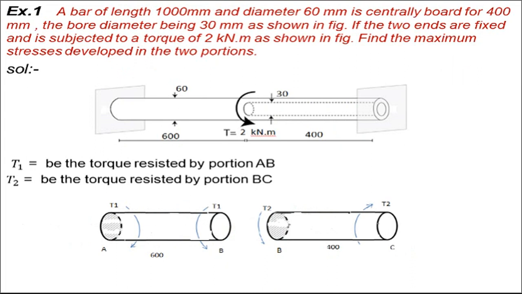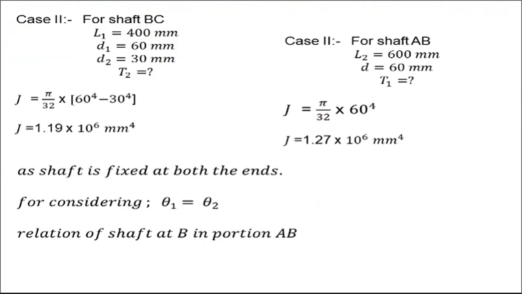Our job is finding the maximum stresses developed in the two portions, means we have to find tau for the AB portion and tau for the BC portion, how much shear stress is resisted by AB and how much by BC. That's why you must draw this figure for determining the shear stresses developed in both regions. So let us try to solve this problem.